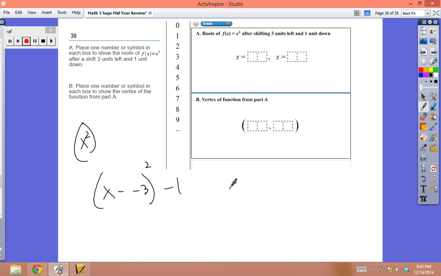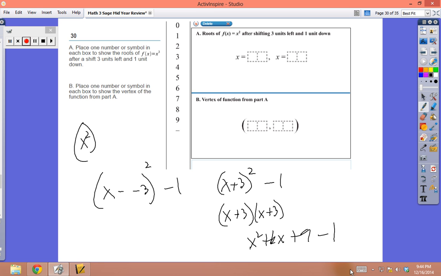So that is going to be x plus 3 squared minus 1. So that's x plus 3 times x plus 3, which is x squared plus 6x plus 9 minus 1. And that is x squared plus 6x plus 8.